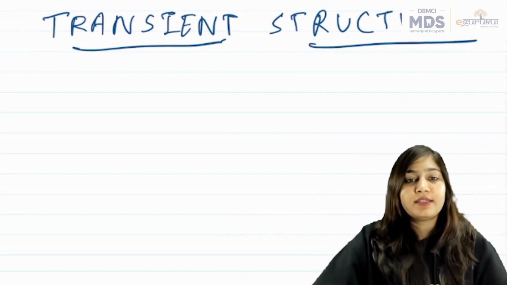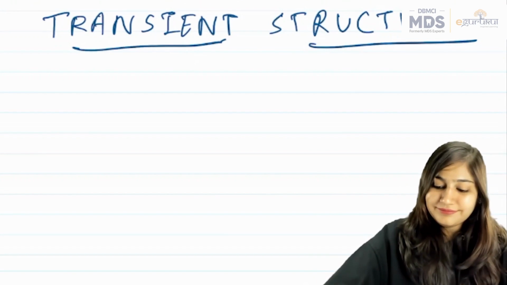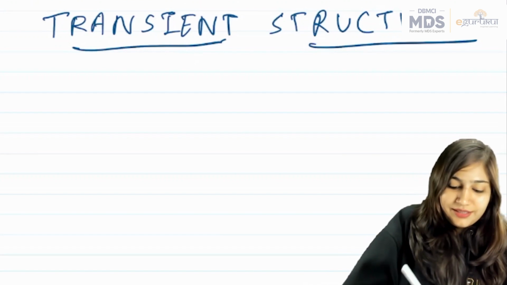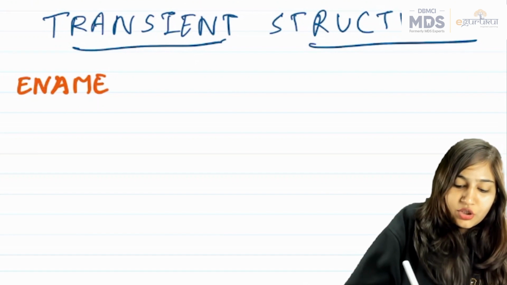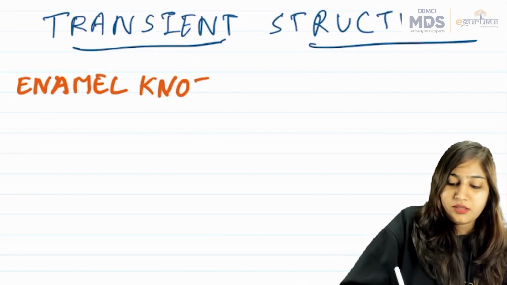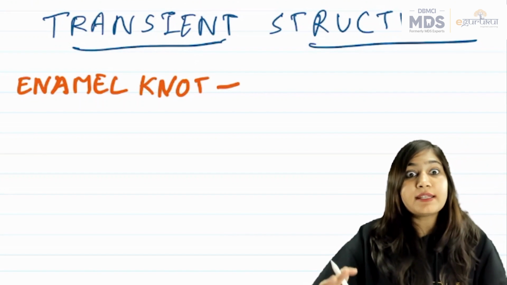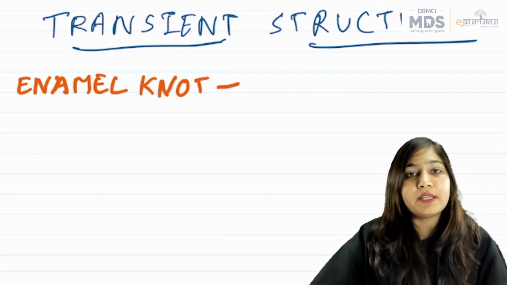Which are the transient structures in the cap stage? Enamel knot. It is a knob-like extension and cluster of the cells present near the inner enamel epithelium.